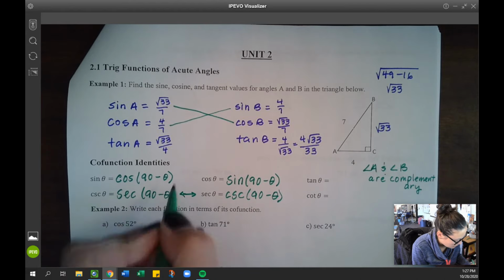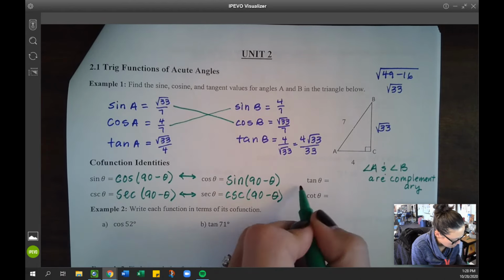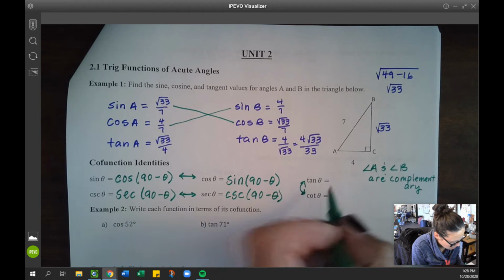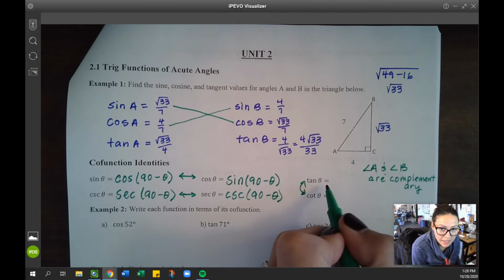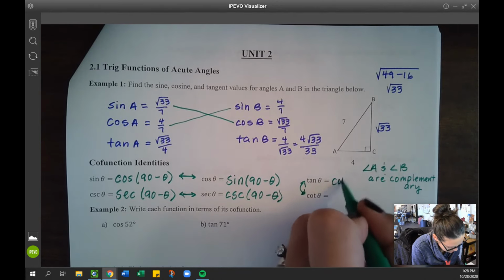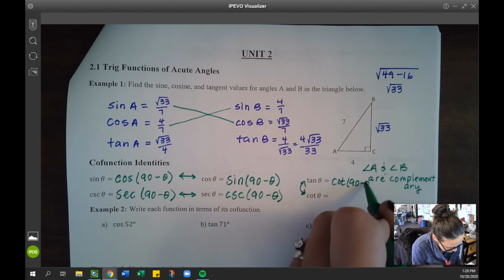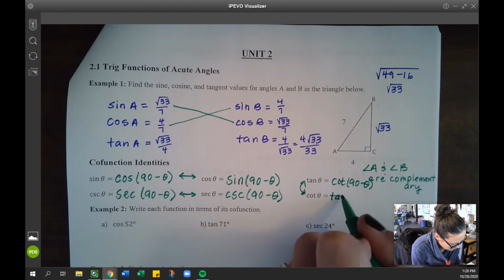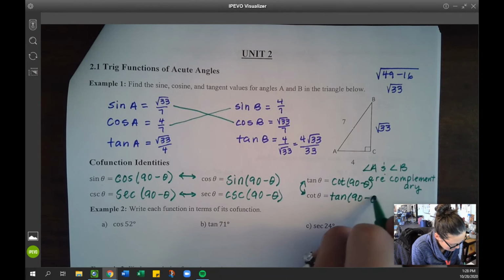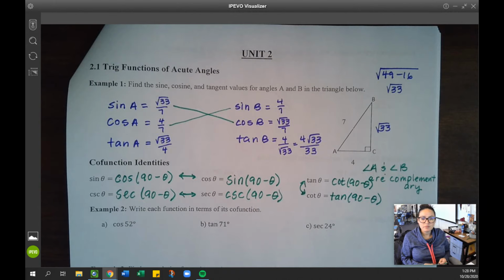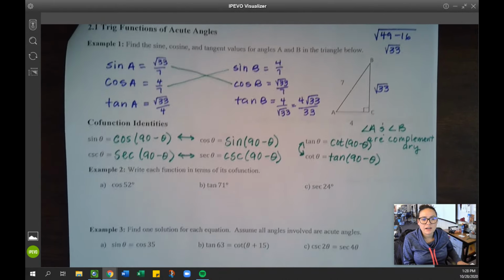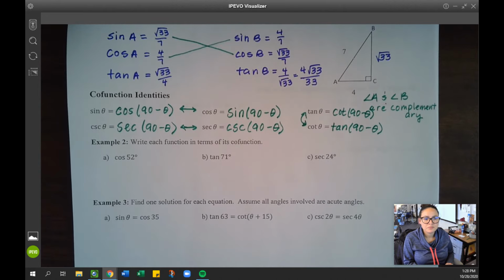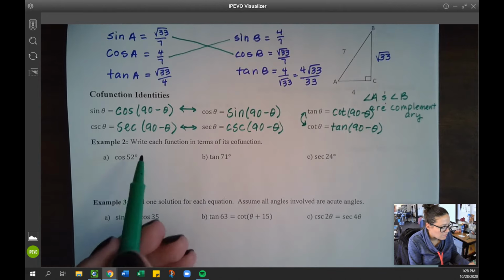So these two pair up, these two pair up, and these two pair up. Tangent theta is equal to the cotangent of 90 minus theta. Cotangent theta is equal to the tangent of 90 minus theta. Now, I know that's a lot of 90s and thetas, but hopefully it'll make a little more sense when we look at it in some of these examples here.